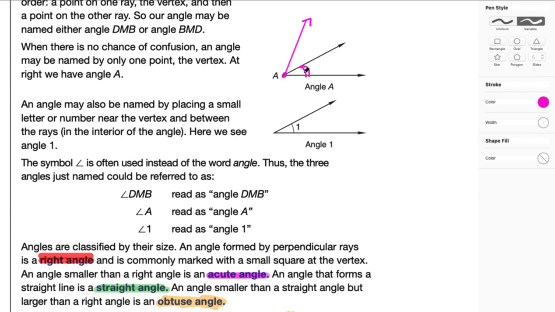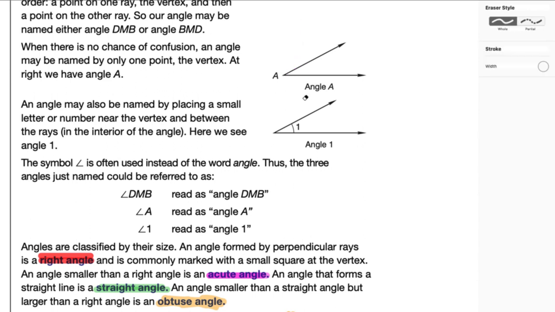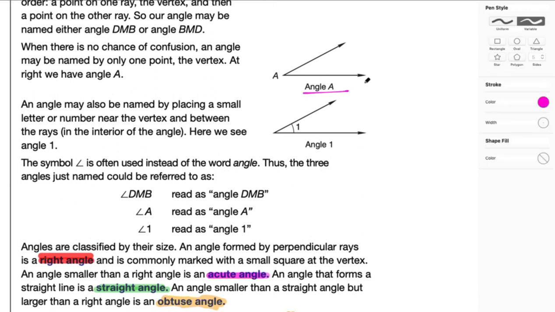You can't call that A because you're not sure what A is. But as long as it's really clear that there's only one angle, only 2 rays coming from A, you can definitely call this angle A, all right? Or angle A. And here, if you number the angle, if you put a number inside, you can call that angle 1. And so we have that here.